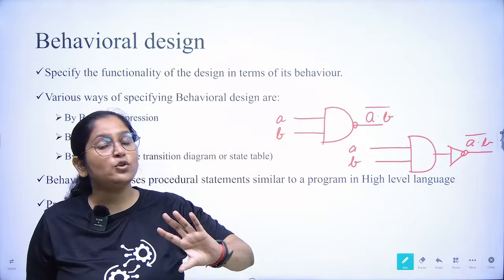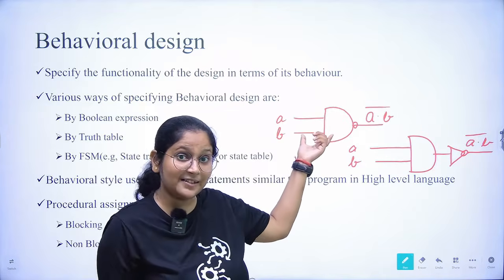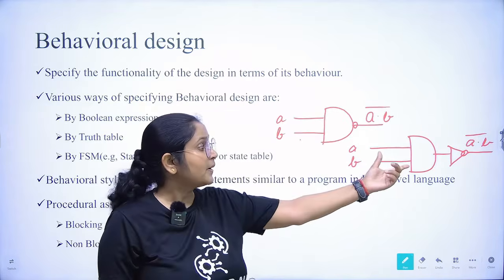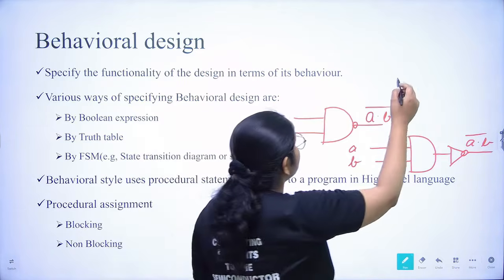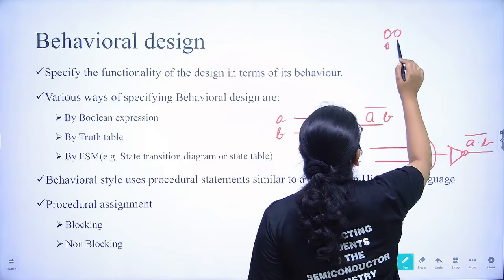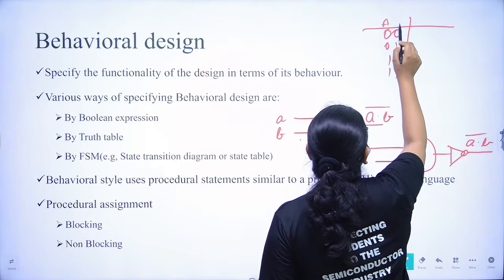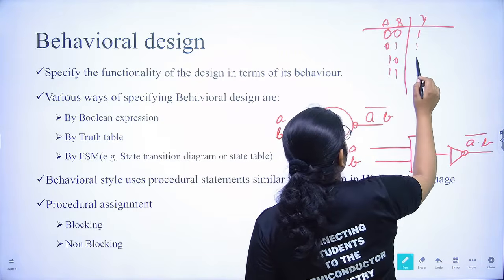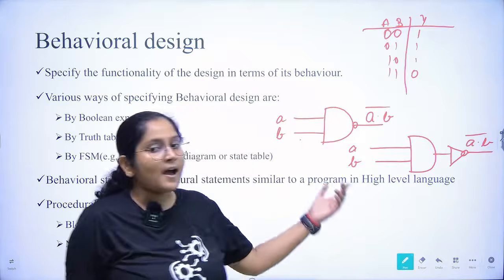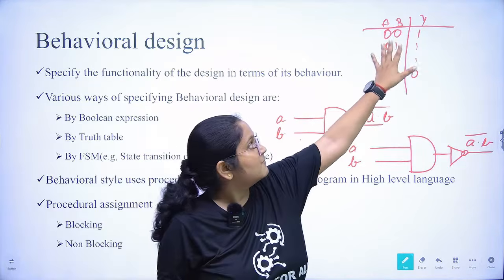If we talk about the structural level of modeling, we would be using the NAND gates from the Verilog library. But if I talk about the output, suppose we have inputs A, B. What is the output? This will be 1, 1, 1, 0, since the NAND output is the complement of the multiplication.